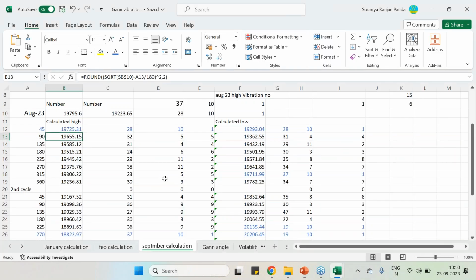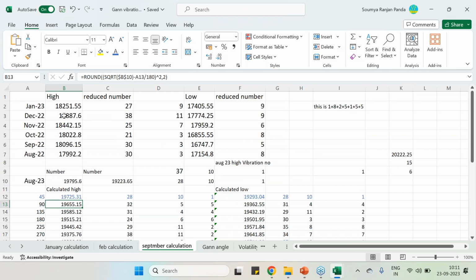657 is also one of our calculations, 655, but this is not mapping with the vibration number. 5 is coming. We want 1. If that correction happened, 18822 is also possible. That is also a vibration number.